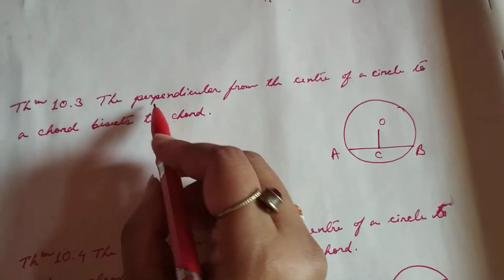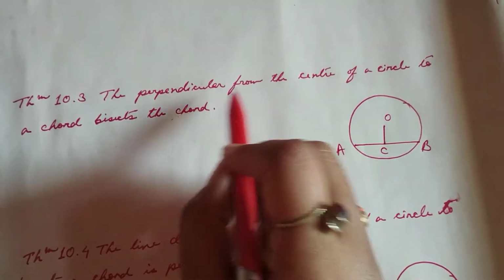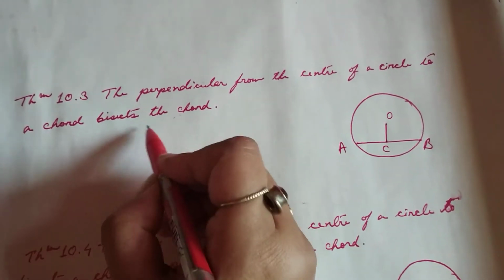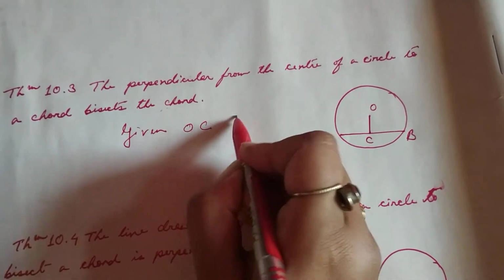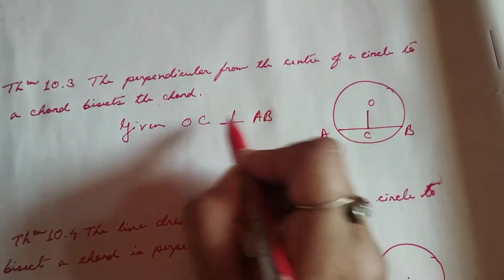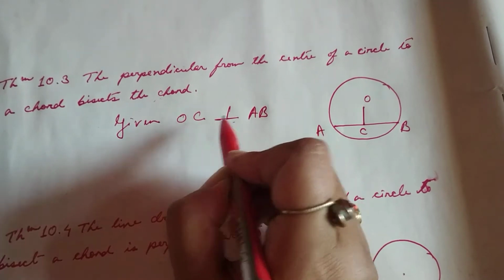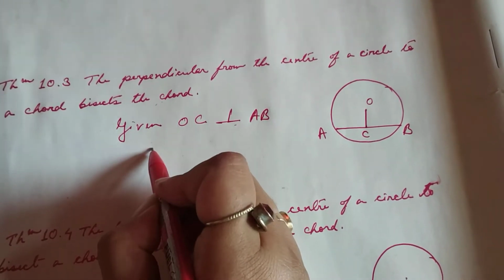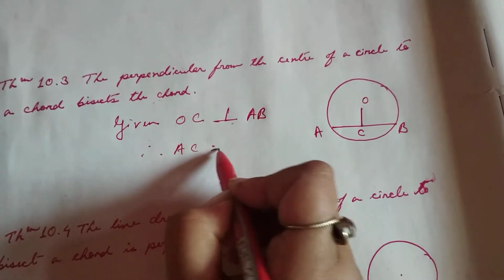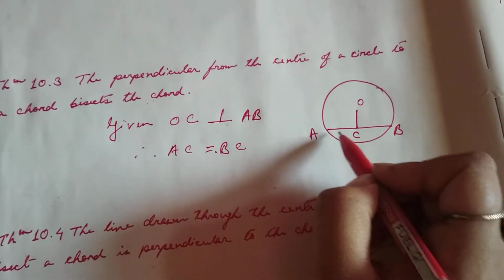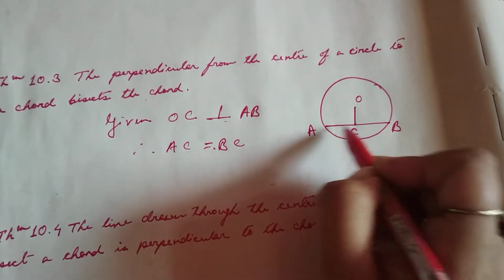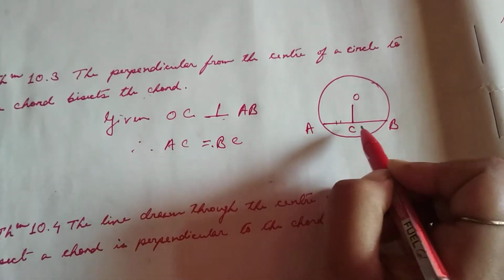Then it says that it bisects the chord. What does it mean to bisect the chord? Given is OC perpendicular to AB. Okay, this is the perpendicular sign, I guess you know that. Then it says that therefore AC is equal to BC. Bisect the chord means that this line divides the chord into two equal parts. That is, AC should be equal to BC.